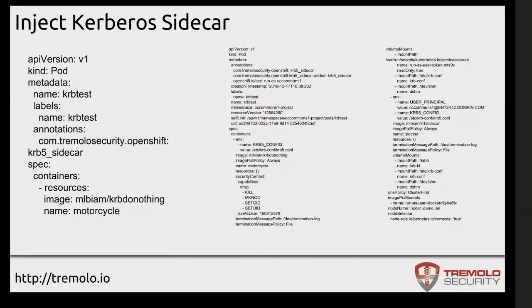The problem is that the mutating and validating webhooks run after the service account injection webhooks. So even though we changed the service account, all the different tokens still point to the default service account. We not only had to figure out what access the user needed, we also had to poll OpenShift to figure out what tokens were needed for the service account that we're running as. So run as OC Commons 1.